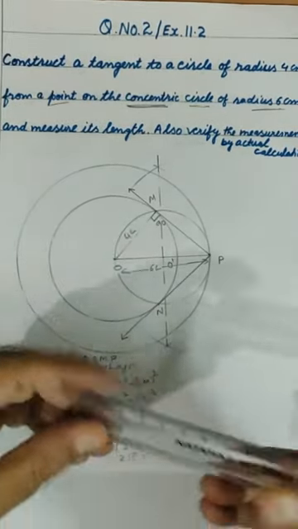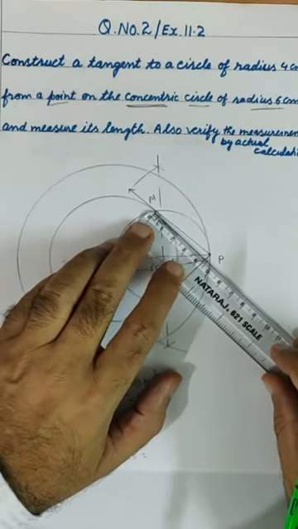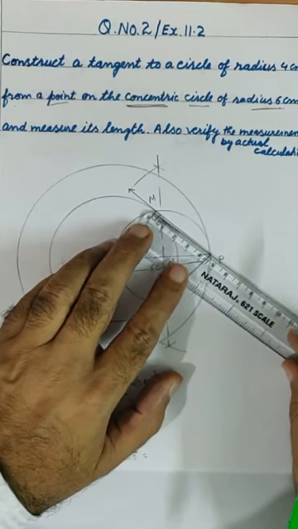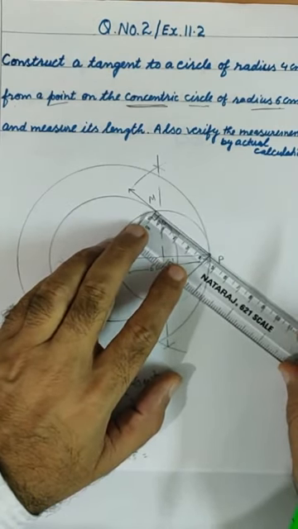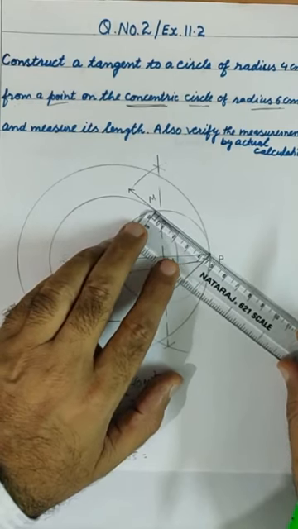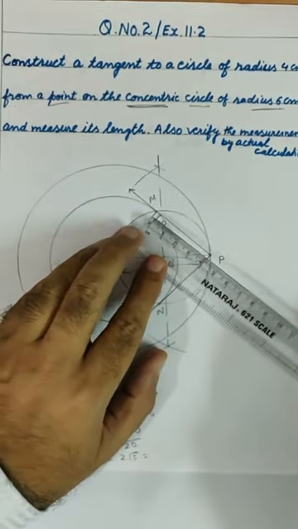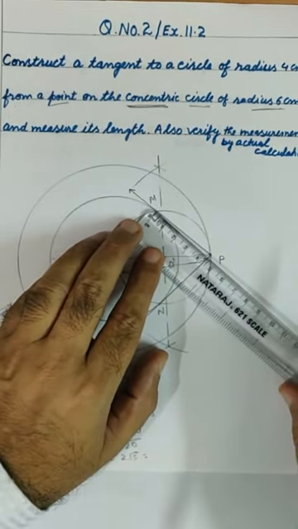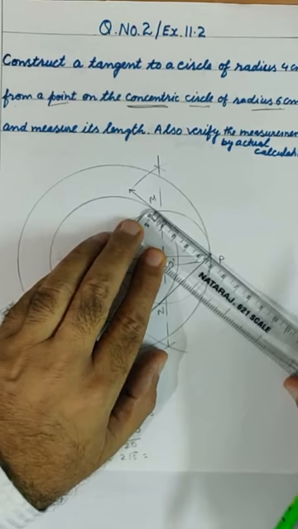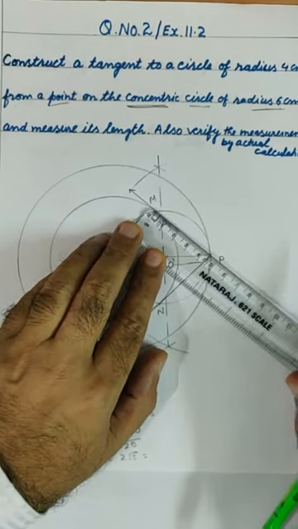Now we will measure it. What we are getting, it is 4 point, we have 4.5.